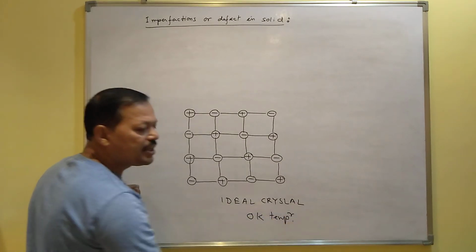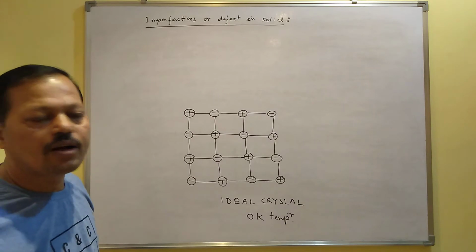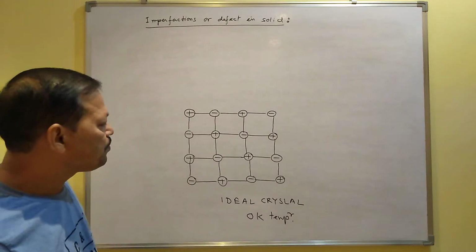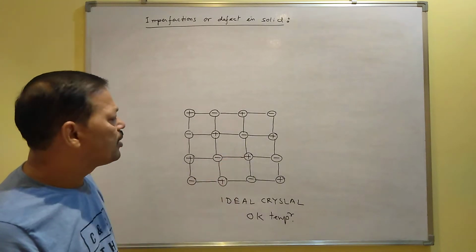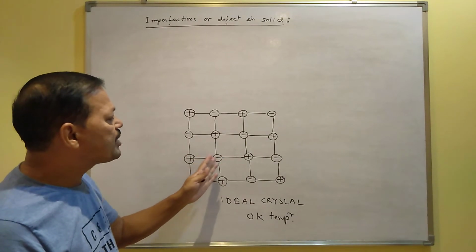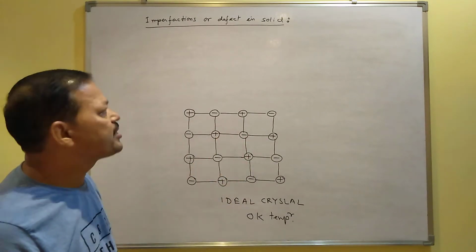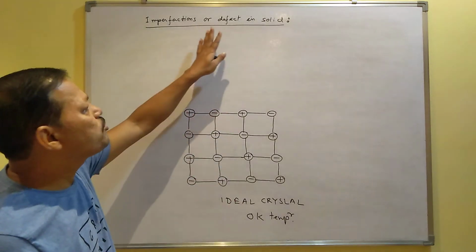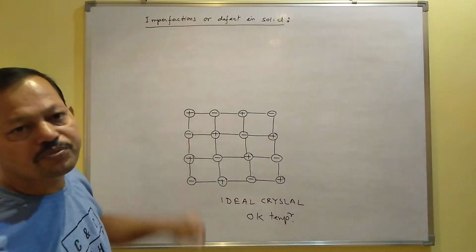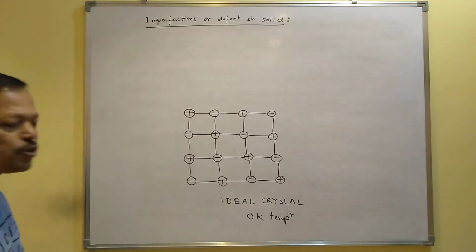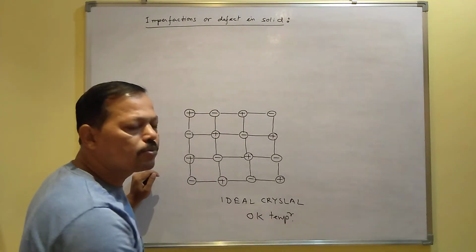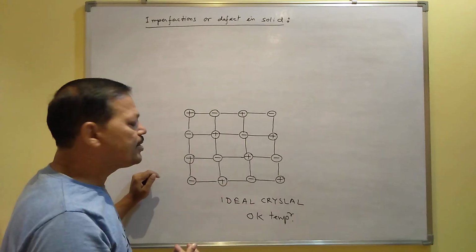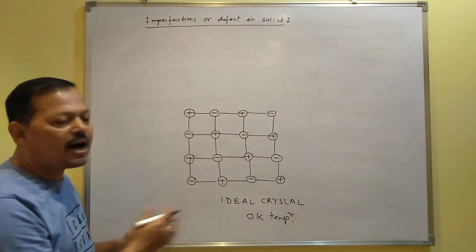If the temperature is above 0 Kelvin, then you will get some deviations from this ideal crystal, and the crystal is said to show some defect or imperfections. So every ionic crystal shows defect if the temperature is above 0 Kelvin. Only at 0 Kelvin will you get the ideal crystal.